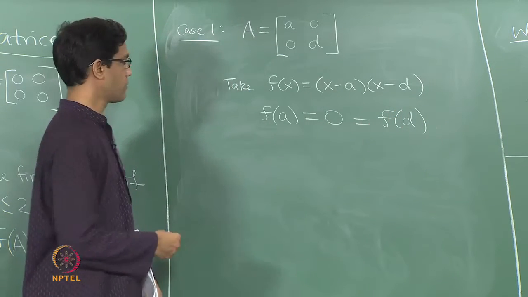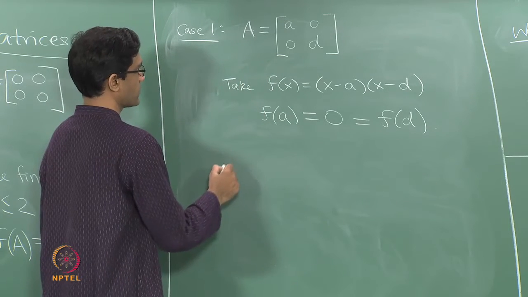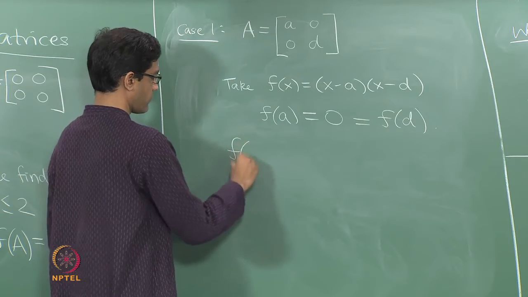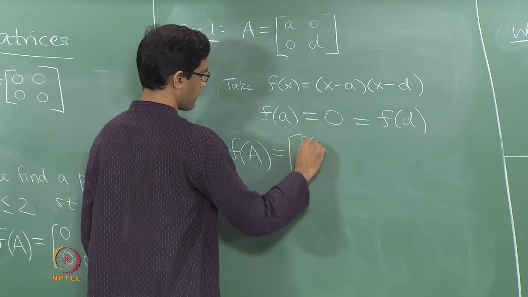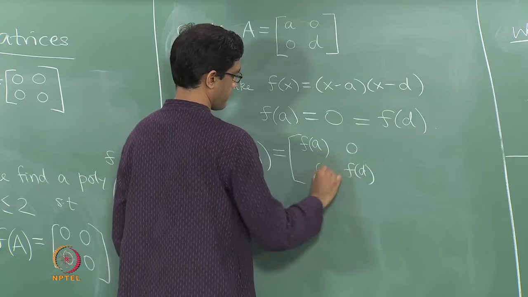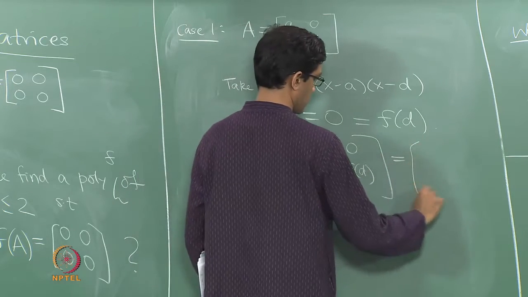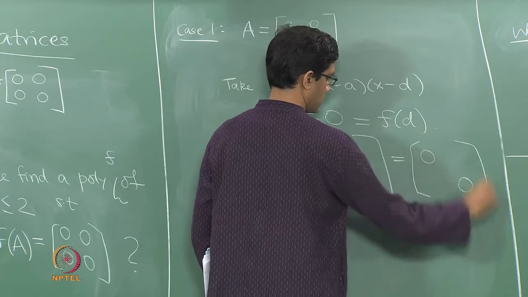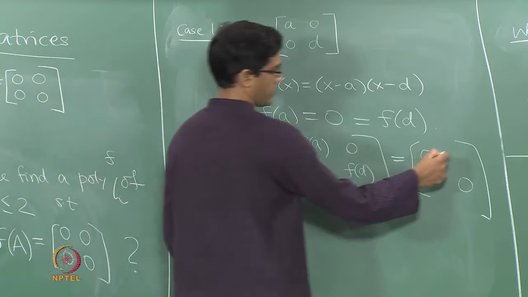Okay, so it would kill both these entries. So now if you apply f to the matrix, as we just said before, what it will give is just f of a, f of d on the diagonal, zeros elsewhere. Okay, and since by design these two diagonal entries are actually 0, what you do get is the 0 matrix.